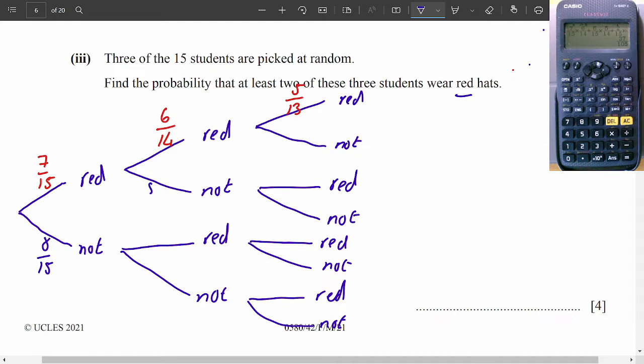That means we will have 8 out of 14. Okay, and over here, we picked a student, there's 5 out of 13. That means this has to add up to 13 out of 13, so this is 8 out of 13. Okay. Now, if we picked a student with a red hat and not a red hat, and then again a red hat, we already picked one with a red hat, so that means we got 6 out of 13 left.